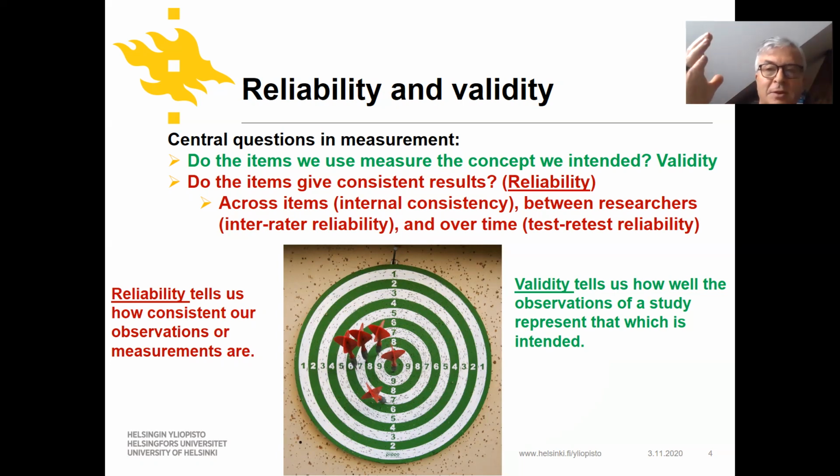So if I ask questions about my hand, which is outside of the frame here, then I will either have good questions and get a good concept of the hand, or I will have bad questions. And bad questions would be questions with low validity. If they have low validity, then I don't actually get a picture of my hand, I get a picture of something else instead.